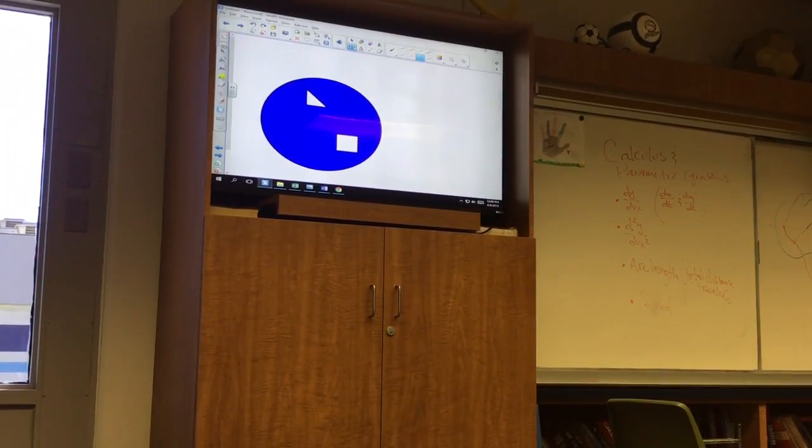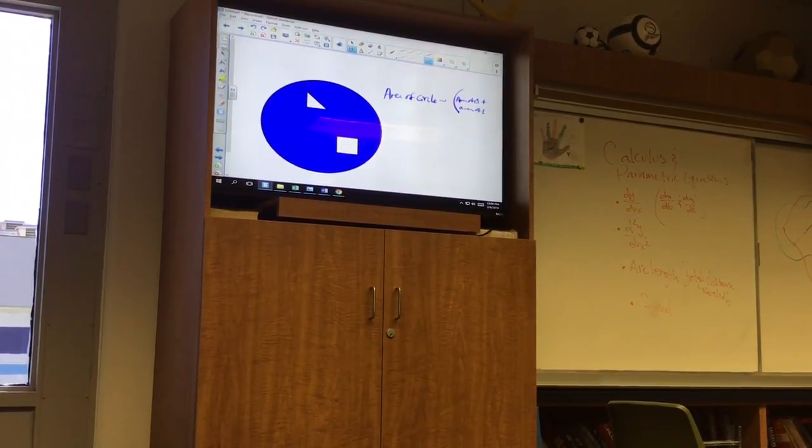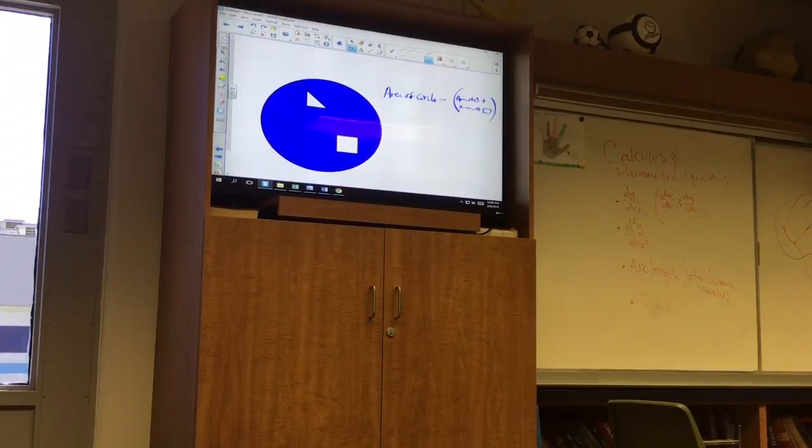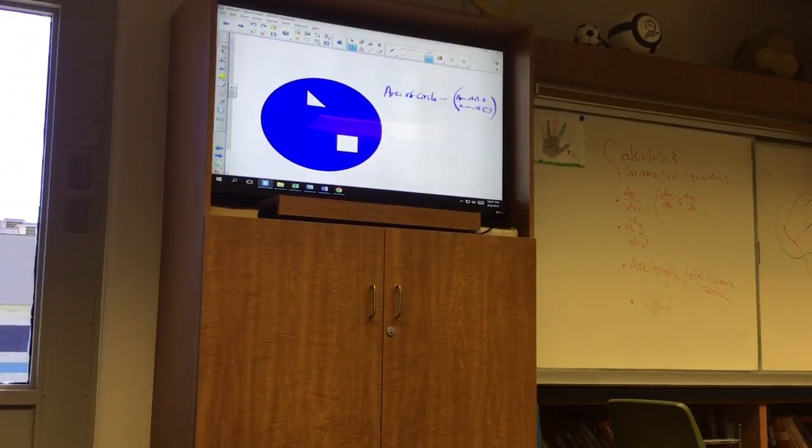I'd say area of circle minus quantity area of triangle plus area of rectangle. Do you see that? If you distribute through the negative, it's the area of the circle minus the area of the triangle minus the area of the rectangle, which is the same thing as adding those together to get the total area that needs to be subtracted, and then the area of the circle minus what needs to be subtracted.